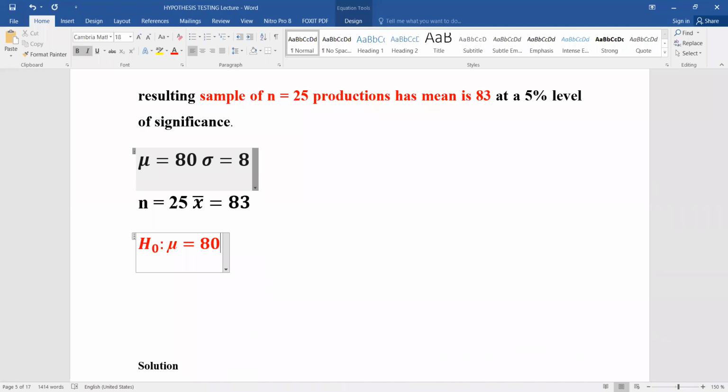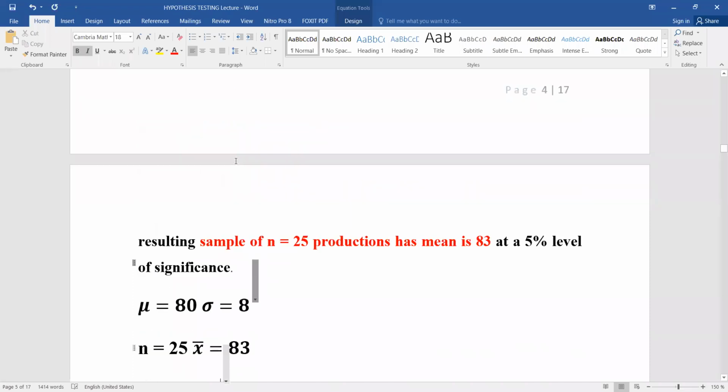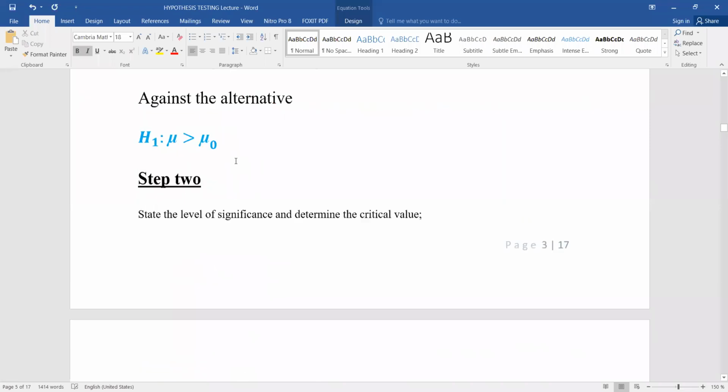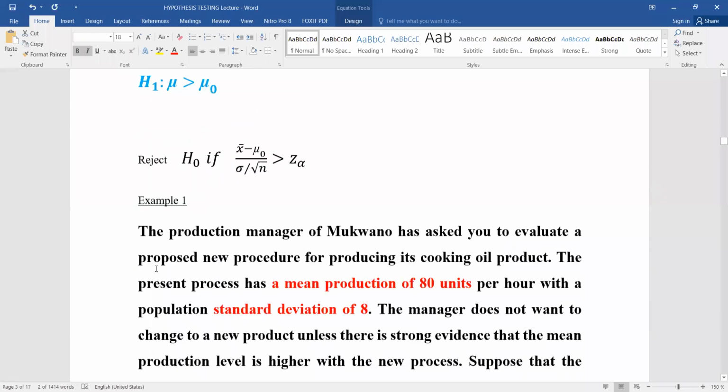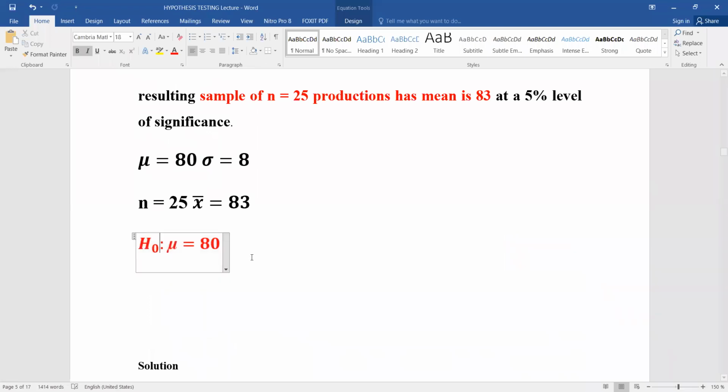The prosecutor is saying the alternative is mu is greater than 80, because the manager will only change if mu is greater than 80.